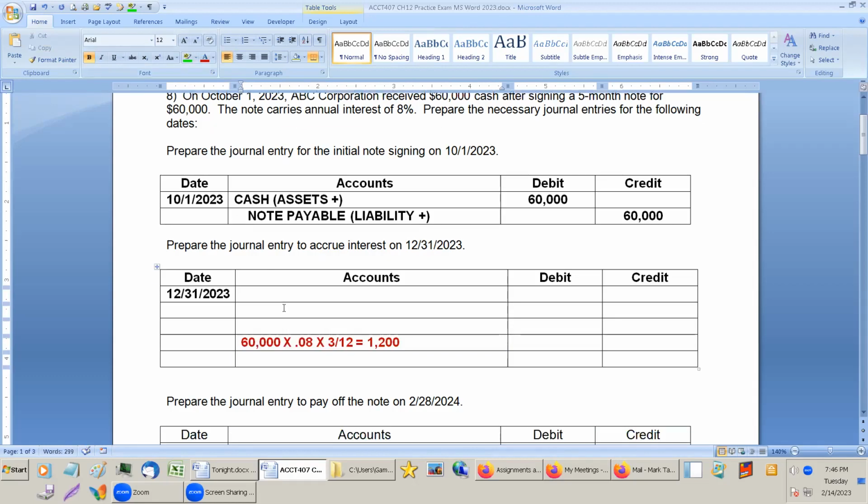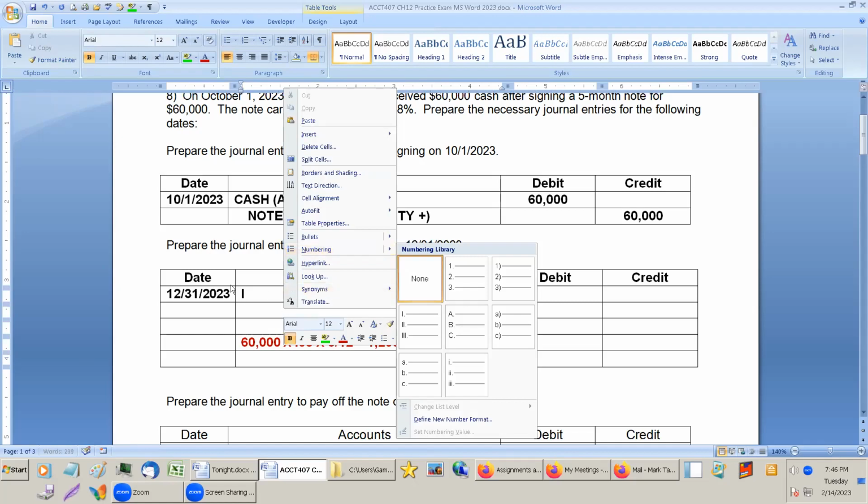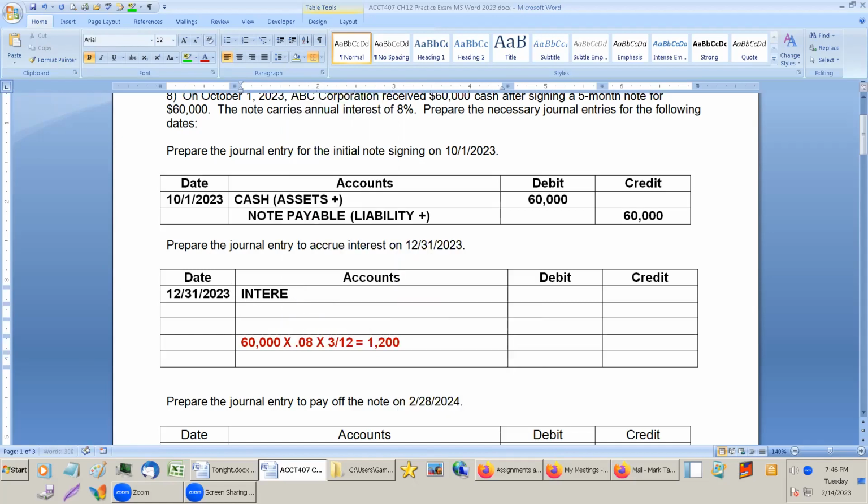Okay, so what we're going to have is... I don't mind putting these in, but you guys have to tell me if I put something in wrong.